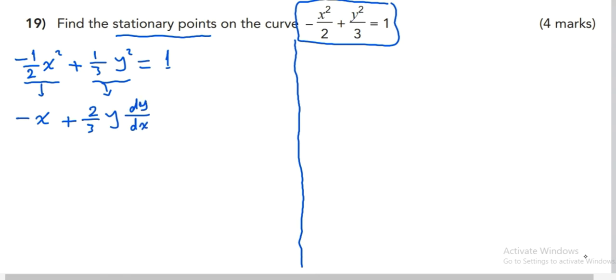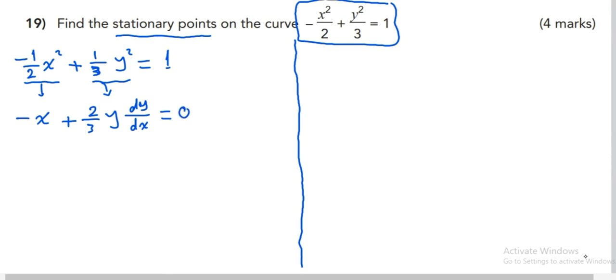So we'll differentiate each part normally according to its form, but in the part in which we apply the rule of differentiation on letter y, we will add dy by dx. Here we apply the rule on the letter x, so we didn't add anything. Differentiation of 1 equals 0.